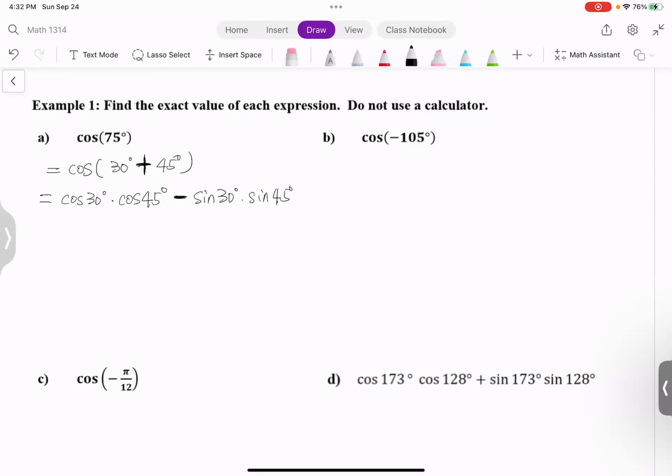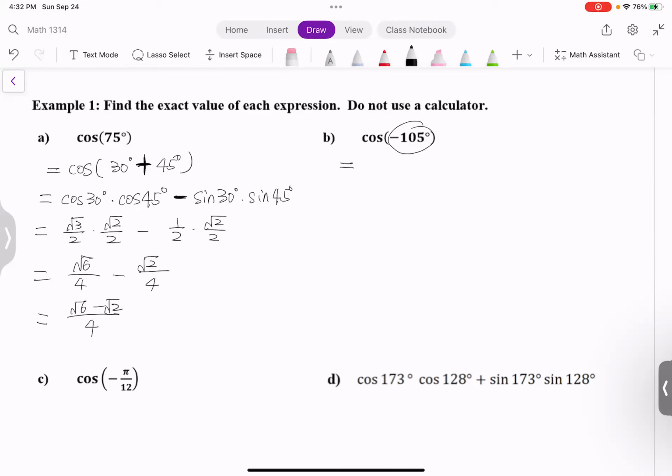I know the values of cosine and sine for the special angles, so now I can evaluate. Cosine 30 degrees is square root of 3 over 2, cosine 45 is square root of 2 over 2, minus 1/2 times square root of 2 over 2. We got square root of 6 over 4 minus square root of 2 over 4. Bottom multiplied by the bottom. We have square root of 6 minus square root of 2 over 4. So we are done.